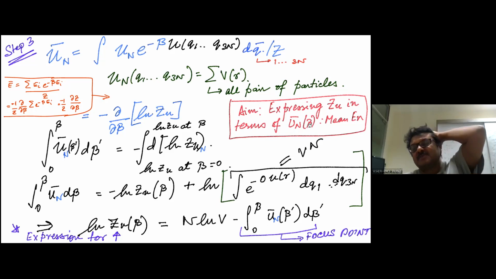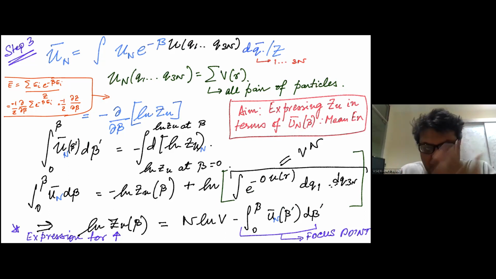The mean energy of the system is, of course, going to depend upon beta, because at higher temperature it can access higher energy microstates, and so on. So in general, the expression for the mean energy of n particles, and here I'm reminding you, is an integral over all the coordinate degrees of freedom.